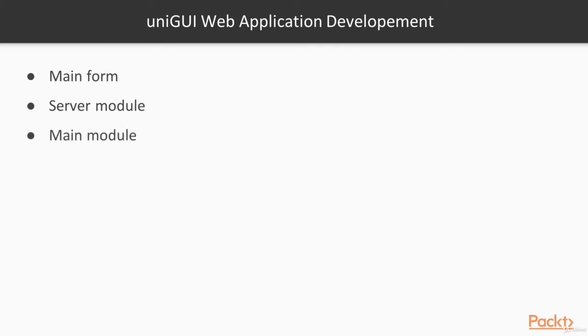So, main module. Main module can be considered the heart of the session. It is a special purpose data module, which is automatically created and added to the project each time a new project is created. Main module has many important roles in a UniGUI application. Some of these roles are not visible to the developers.